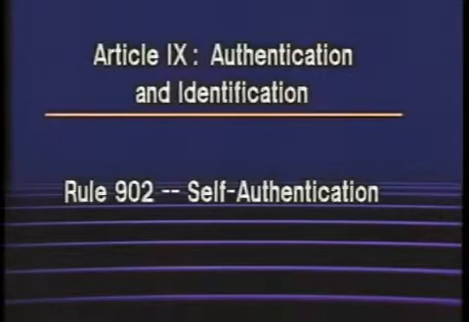Rule 902 gives a few express areas where things are self-authenticated. And if the matter comes within the area described in 902, the documents are self-authenticated.